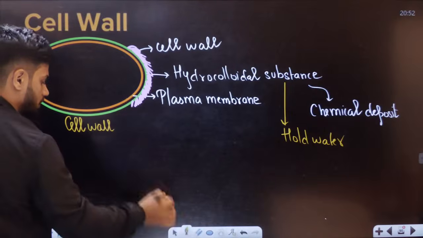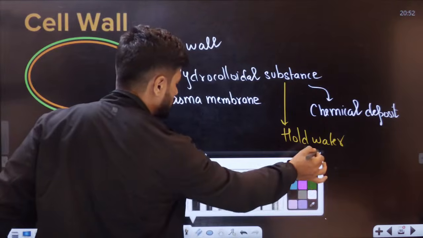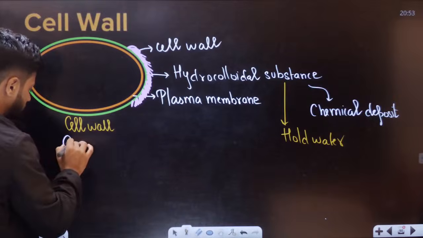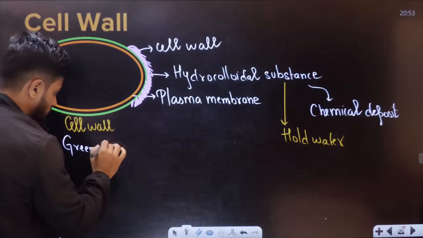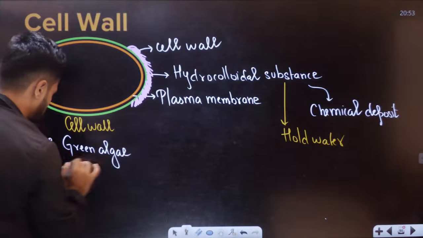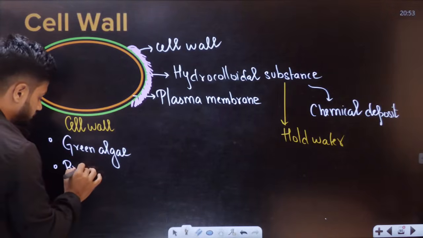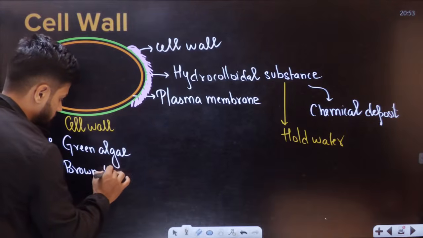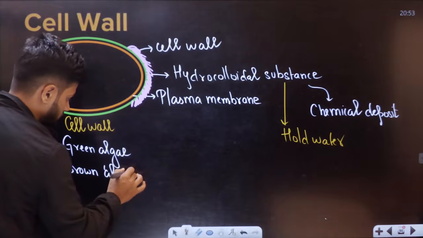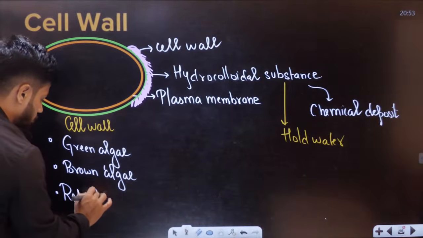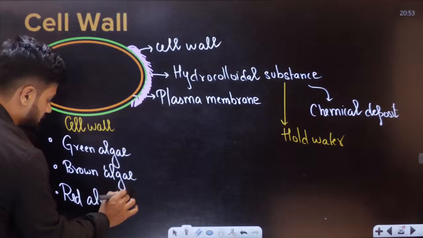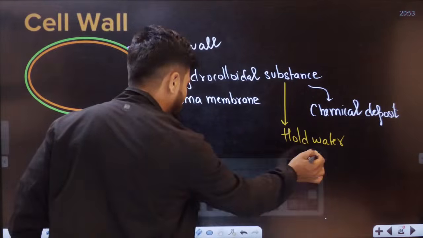Now let's talk one by one about what happens in green algae, brown algae, and red algae. Students, if you know the answer, start spamming the answer.